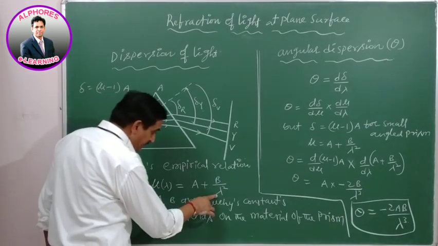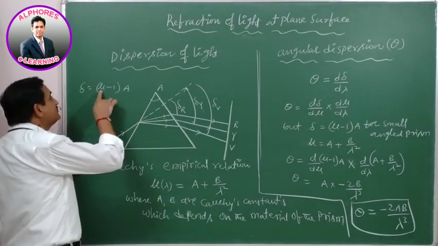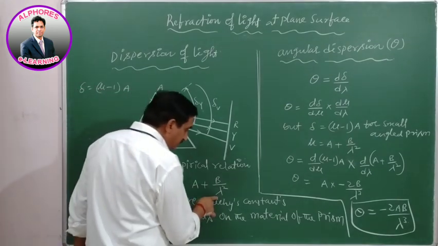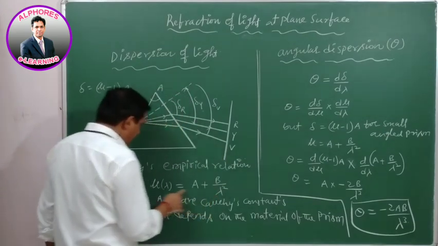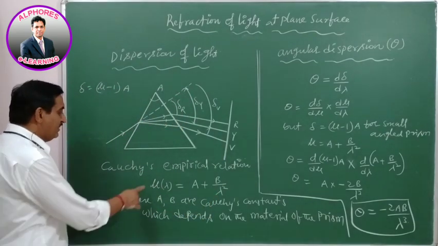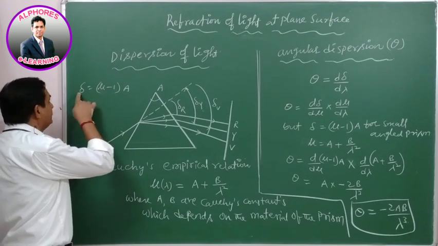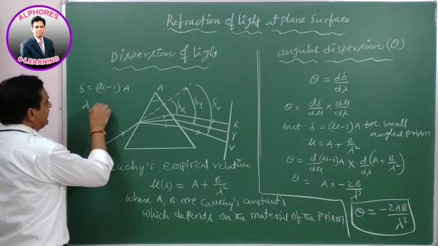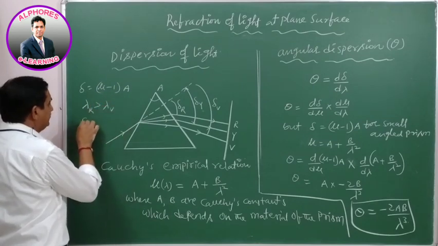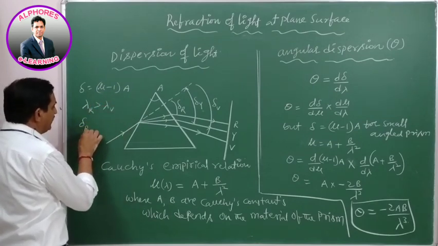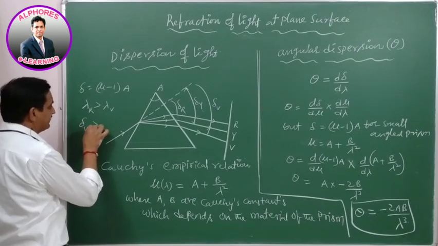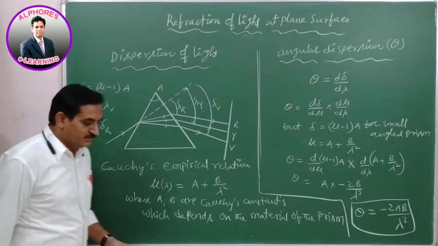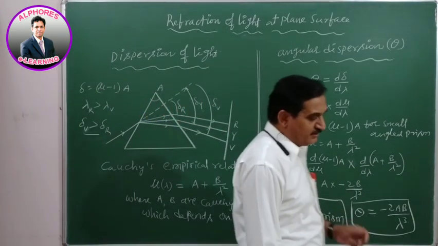For red color, wavelength is more, mu is smaller, deviation is smaller. For violet color, lambda is smaller and refractive index is more, so deviation is more. Therefore, lambda red is greater than lambda violet, but deviation of violet is greater than deviation of red.